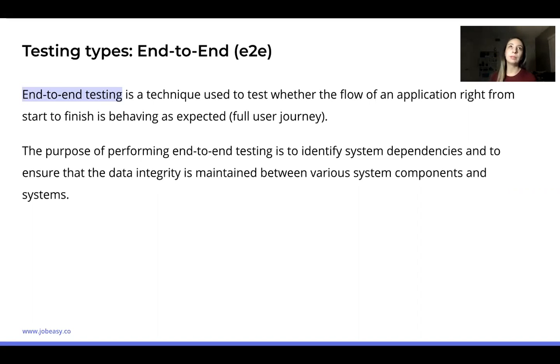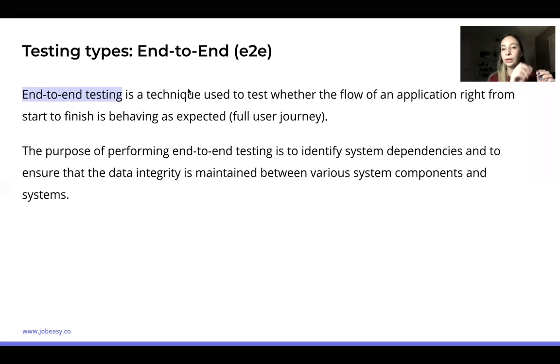So let's say I'm testing Amazon.com. An end-to-end test case would be to go to the Amazon.com website, create a user, then go to the catalog page, find the product, make a purchase, go to checkout, complete this purchase, and verify that the user information at the end of the purchase matches what I entered when I registered my user.